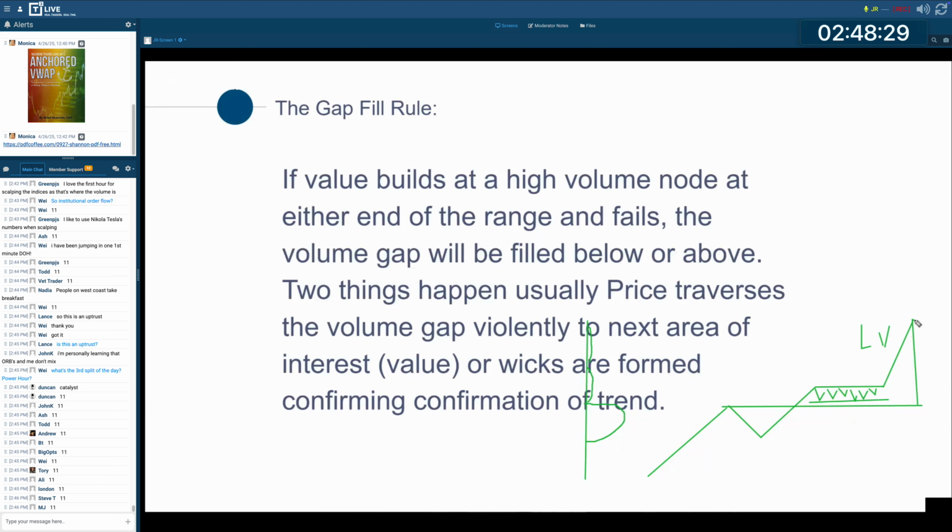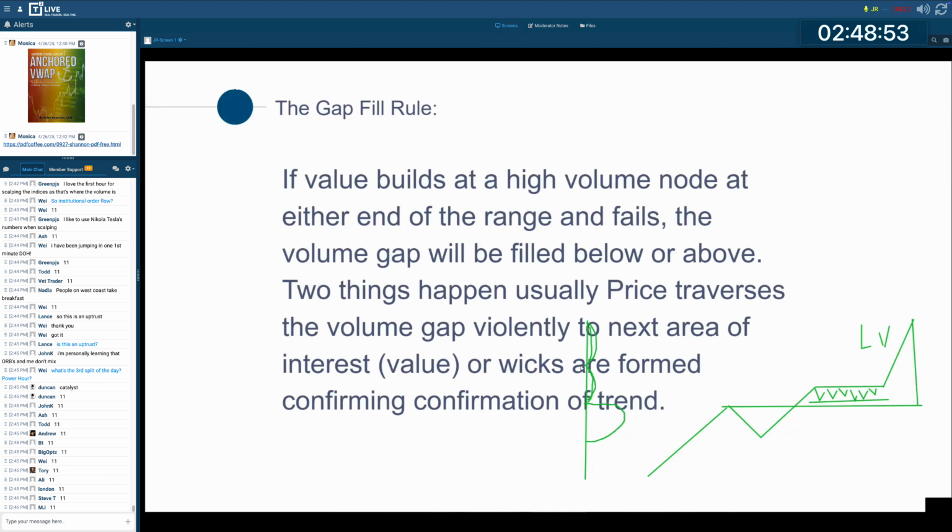Okay, when this cracks, you're going to fill those volume gaps really quickly. Now, the reason I created two here is oftentimes, this is itself a volume gap, but there's a volume gap between these two shallower profiles.